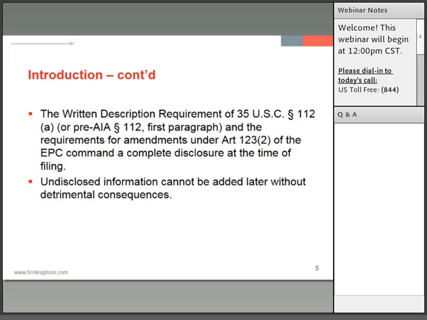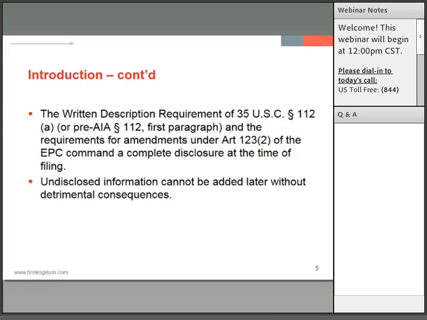For example, in the U.S., we have the written description requirement of the patent statute, which is 35 U.S.C. 112. Now, that is post-AIA, it's 112(a). Before the AIA, before the America Invents Act, it was called Section 112, first paragraph. I will use 112(a) throughout this presentation, which is the same as 112, first paragraph.